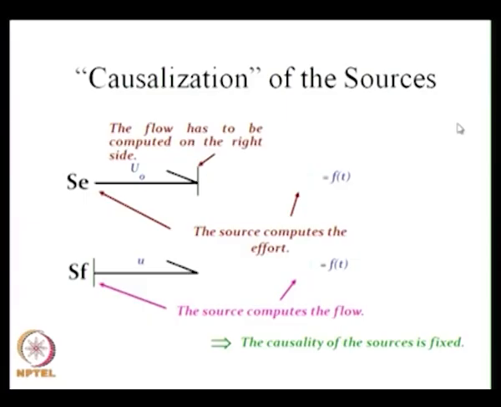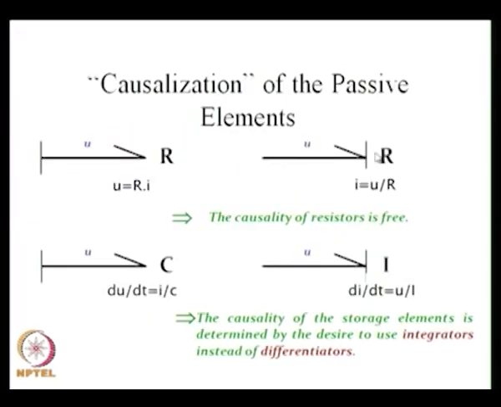And to fix the causality for the other elements we need to find out the relationship for these elements. Here you can see the R element, and for the R element you can have a relationship like U is equal to R multiplied by I, or I is equal to U divided by R. Here U represents the effort and I represents the flow, that is the voltage and current.